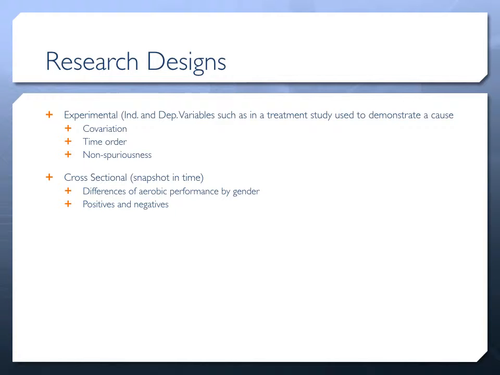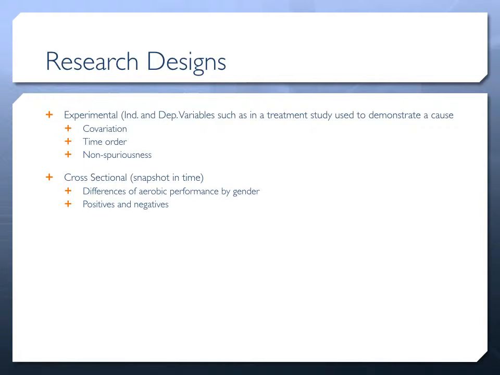The second one is a cross-sectional design, and actually this is often used with surveys and questionnaires. But what's important to understand about a cross-sectional design versus an experimental design is that a cross-sectional design is just a snapshot in time. Basically, you're looking at the effect of something on a particular population, but at that moment.